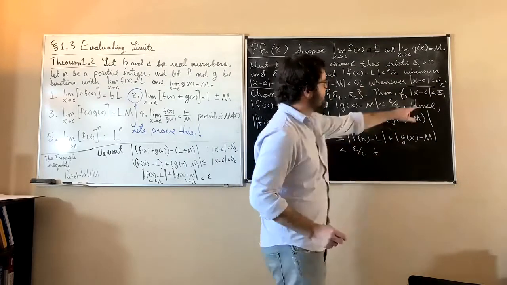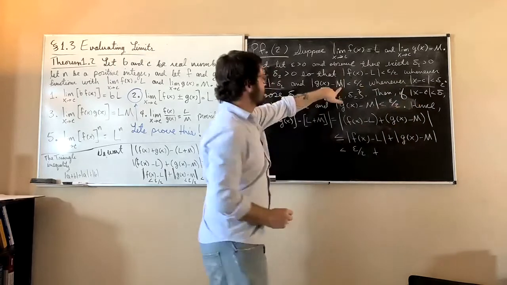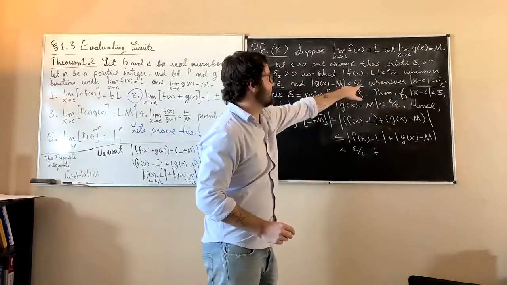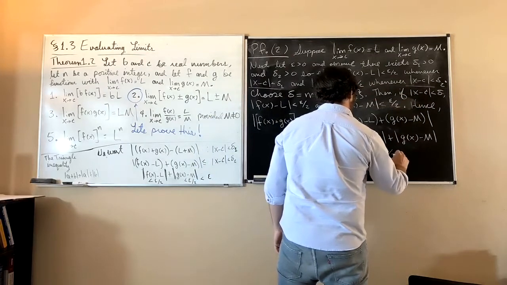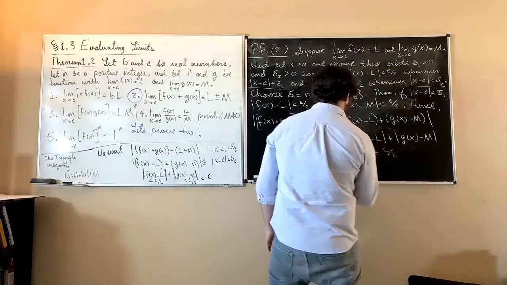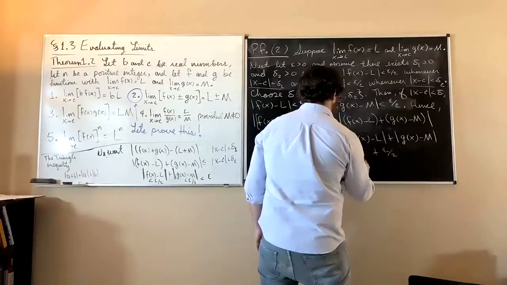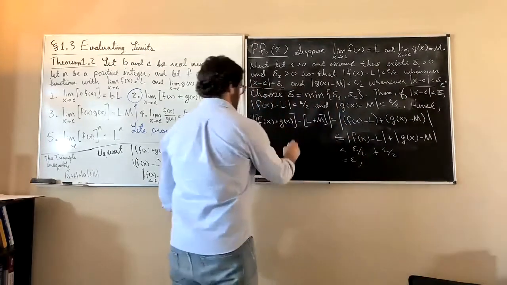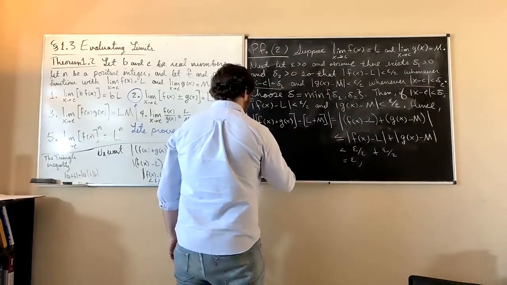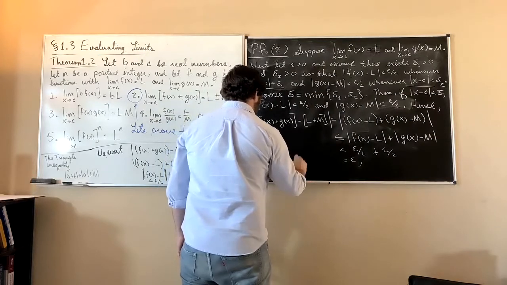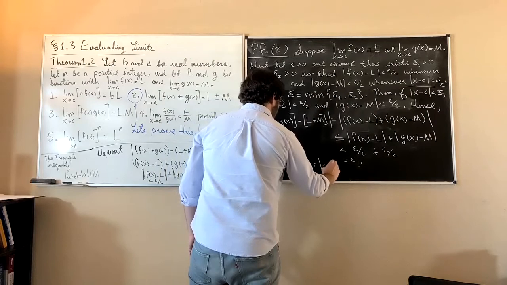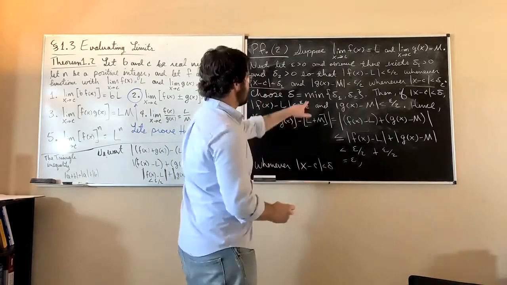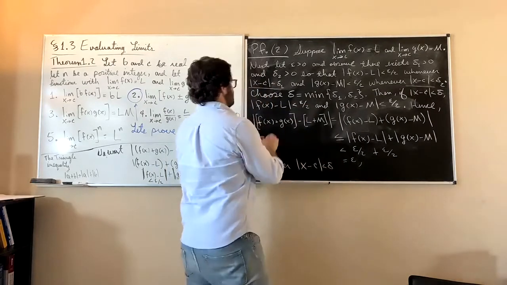And we know that if x is in that interval as well, g of x minus m is at most epsilon over 2. But that equals epsilon. And this holds whenever the absolute value of x minus c is less than that delta that we take right there.